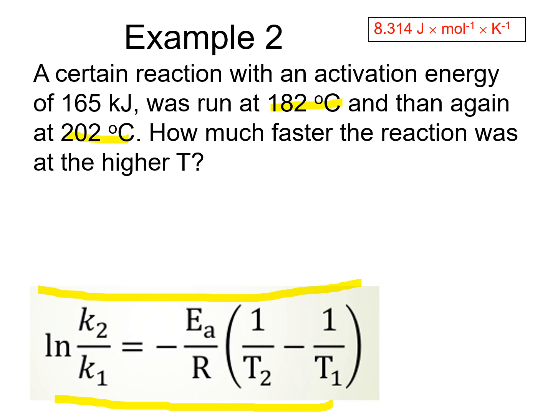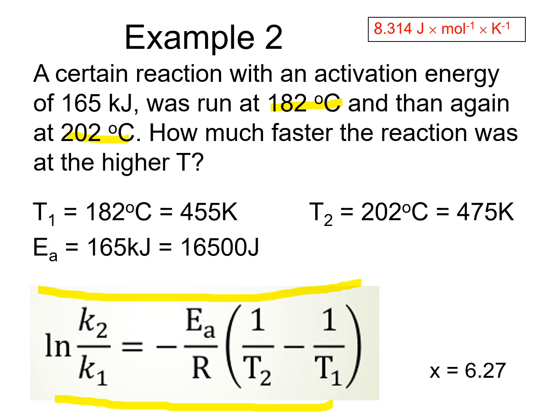Okay, so that's just the right way to approach it. First of all, let's fix all the units. So T1 needs to be in Kelvin, T2 in Kelvin, and activation energy needs to be transformed into joules because R is in joules. So you want consistency between this and this. And now it's plug and chug.